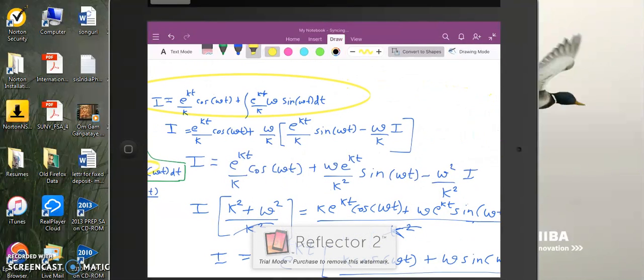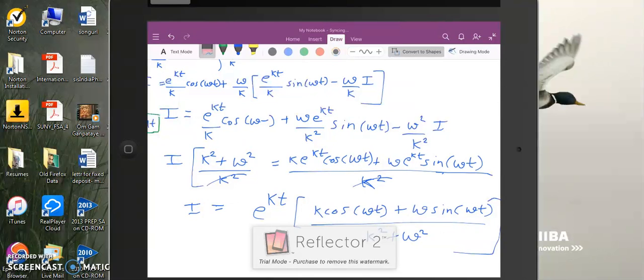And further using integration by parts, I have I equals e to the kt over k cosine of omega t plus omega over k times e to the kt over k sine of omega t minus omega over k I.